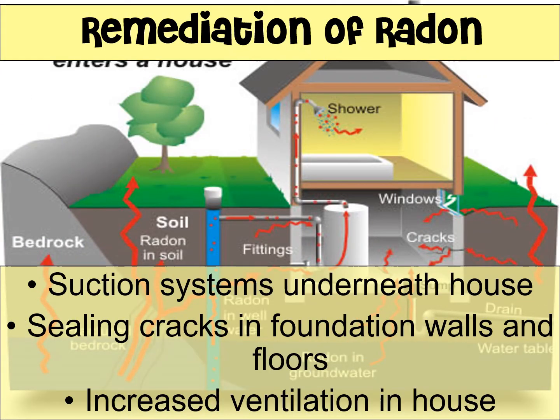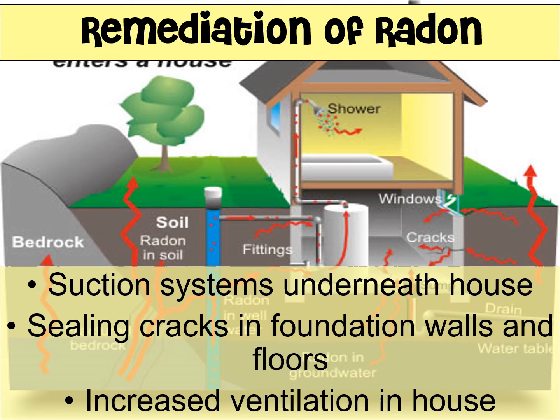So how do you get rid of the radon? Well, you have to do some things with your house to be able to suction out that gas. So sometimes people do install suction systems or vacuums that are underneath the house that can actually pull the gas away from entering into the house. Other options involve sealing the cracks in the foundations of your house.